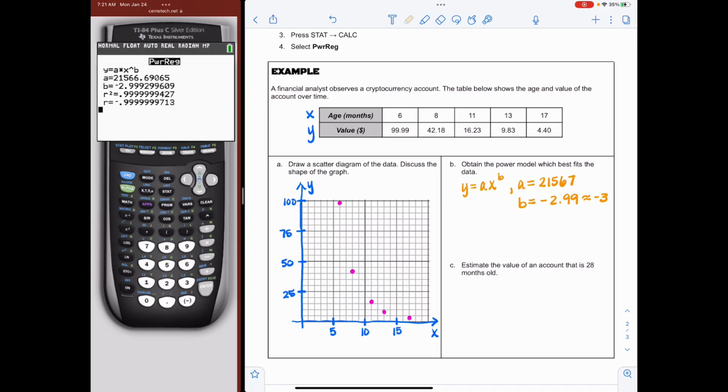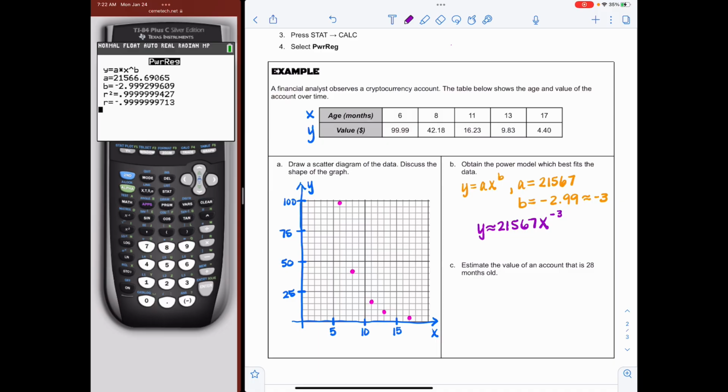So if we were to write this equation out, it would be y equals 21,567. This is approximately. As a matter of fact, let me use the correct notation. I'm going to use the approximate symbol here because we rounded it and it is not exact. Y is approximately 21,567 times x to the power of negative 3.